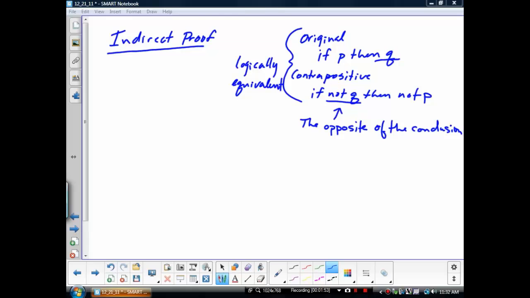And then we show that that leads to the opposite of what is given, or we call it a contradiction to the given, which is our hypothesis, contradicts the hypothesis.